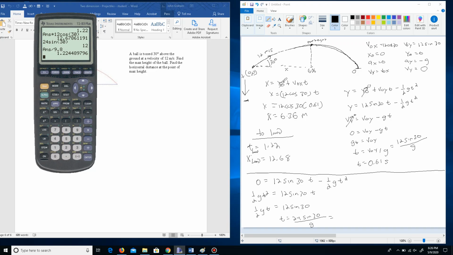And then if I times that again by 12 cosine 30, I get 12.23, which, I mean, this is specifically double that. This was rounded. So that would be how you would do it.